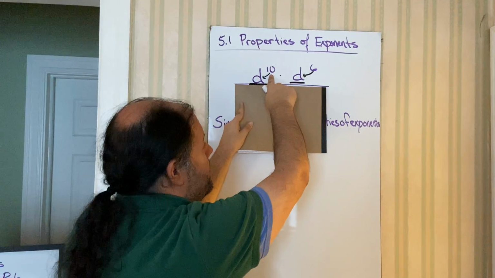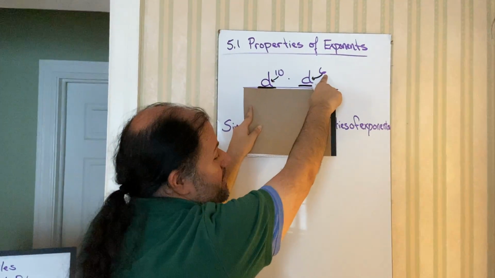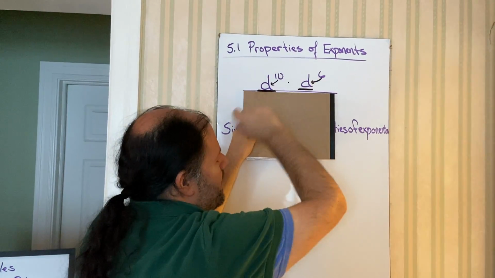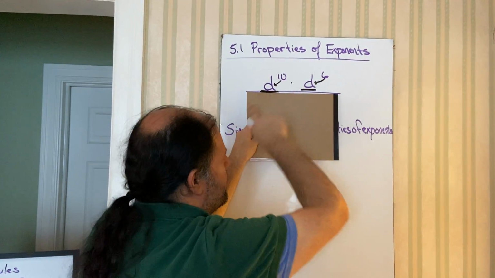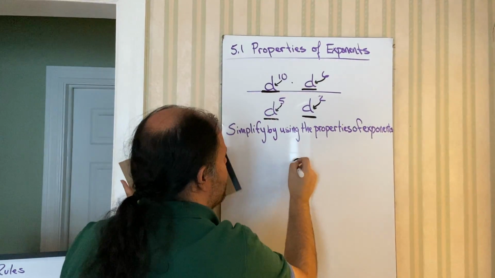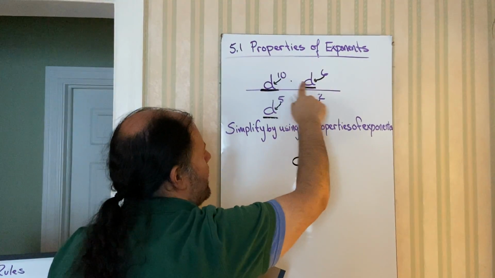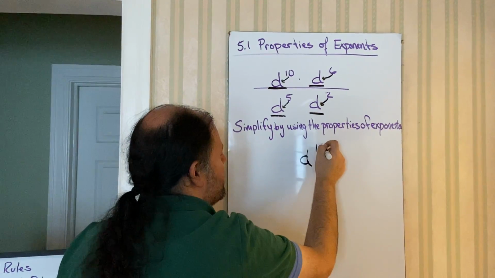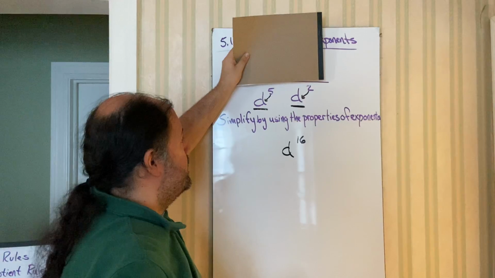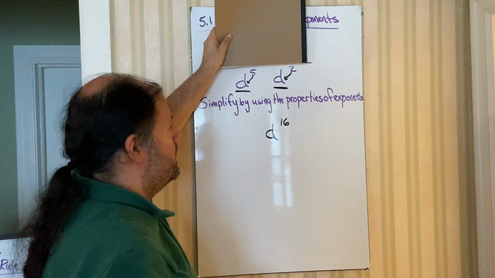So I have 10 D's here and another 6 D's here. Add them. 10 and 6 is 16. Keep the same base. D, D, keep it as D. And just add 10 plus 6 is 16. Now, cover up the top and focus on the bottom.